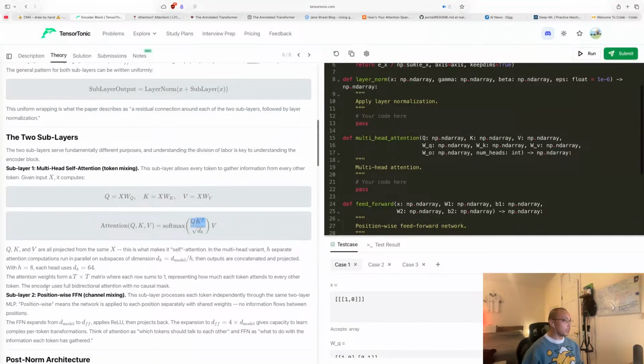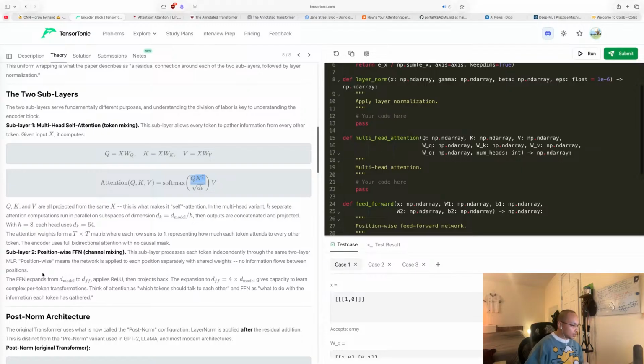Not layer normalization. Each vector that has already been transformed by the multi-head self-attention layer is treated with the same feedforward network, applied to each position separately, no information flows between positions.